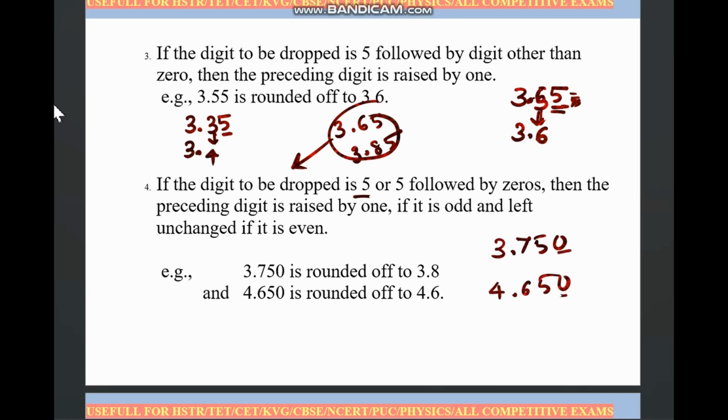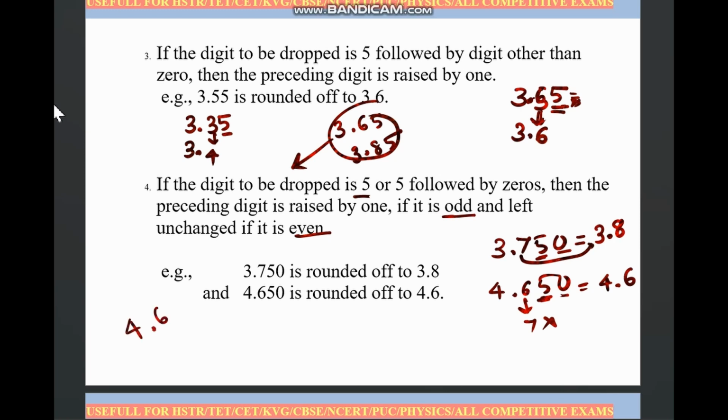This 0 we can drop, of course, but this 3.75 will become 3 point, this 5 is there, so 7 will become 8, 3.8. But here also 5 is present and is equal to 5, but here 6 will not change to 7.